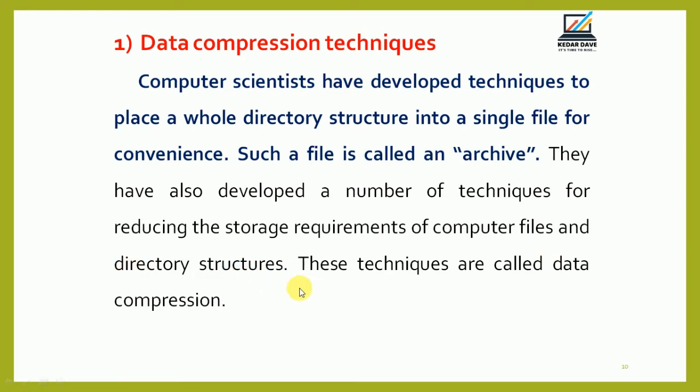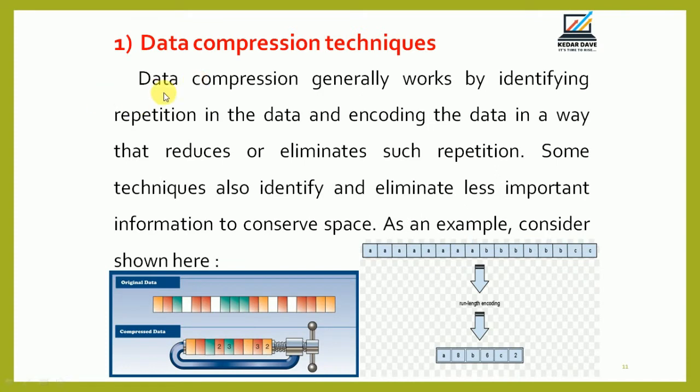So these techniques are called data compression techniques. Data compression generally works by identifying the repetitions in the data and encoding the data in a way that reduces or eliminates such repetitions, right? Such techniques also identify and eliminate less important information to conserve space.